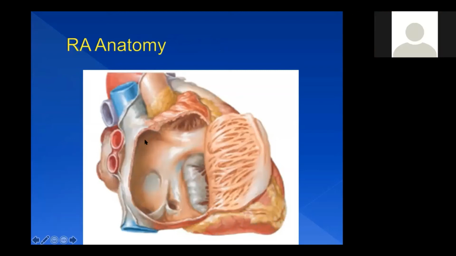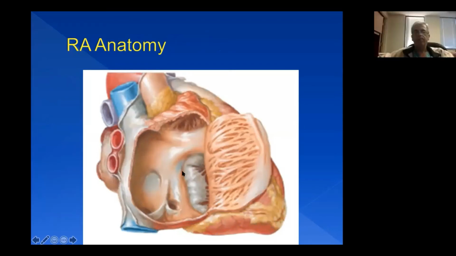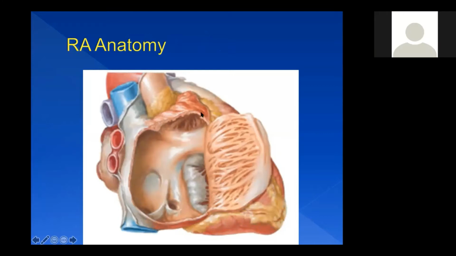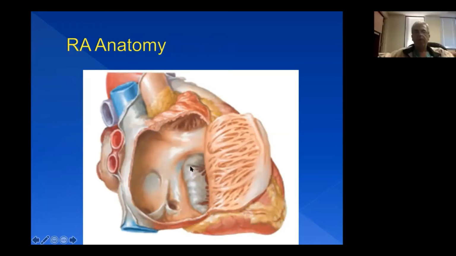If we open the right atrium and look at the medial side of the right atrium, you can see here the right atrial appendage, and the tricuspid valve separating the right atrium from the right ventricle. And you can see the fossa ovalis, which is the membranous, thin part in the interatrial septum separating the right from the left.